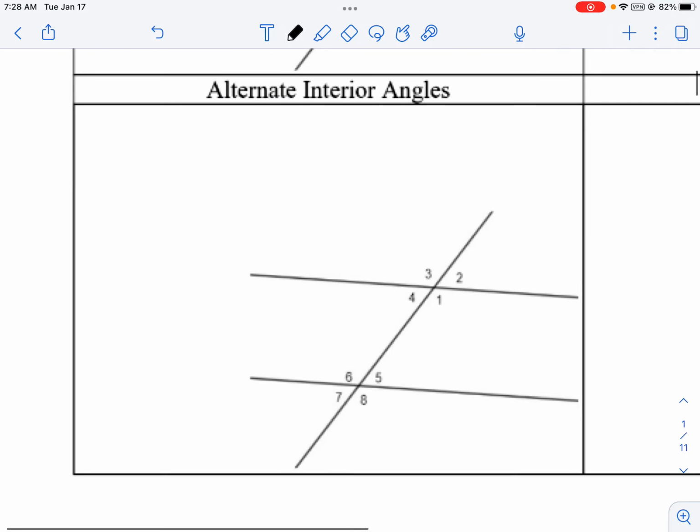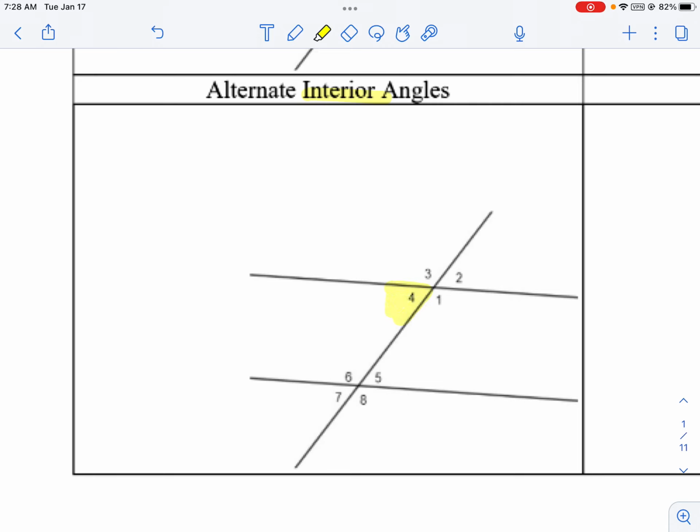Next is alternate interior angles. Let's break this down. Interior means inside. We have two parallel lines, and the stuff between the parallel lines is the interior. When you have alternate interior angles, here's angle 4.